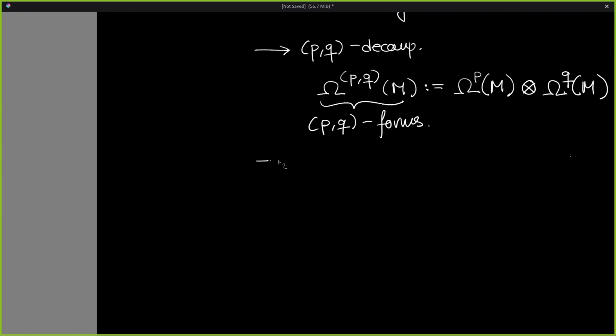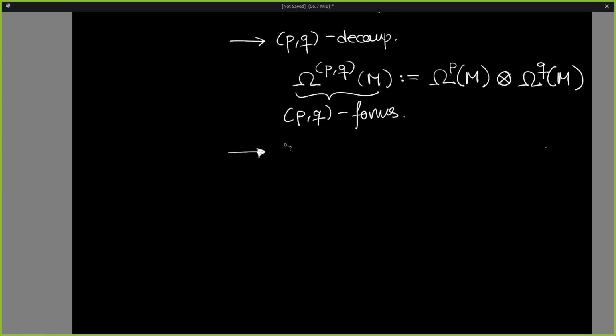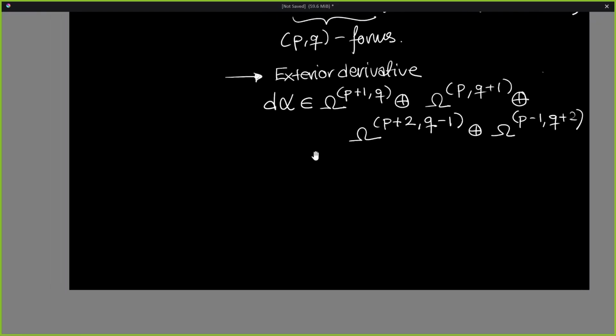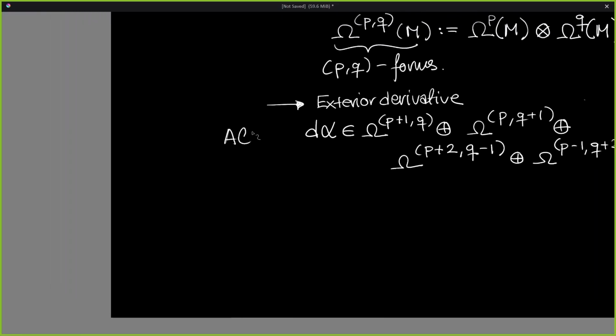And we saw that using these forms on an almost complex manifold, you get this exterior derivative, and the exterior derivative of a PQ form alpha is an element of the appropriate sum of spaces. So this is for an almost complex manifold.